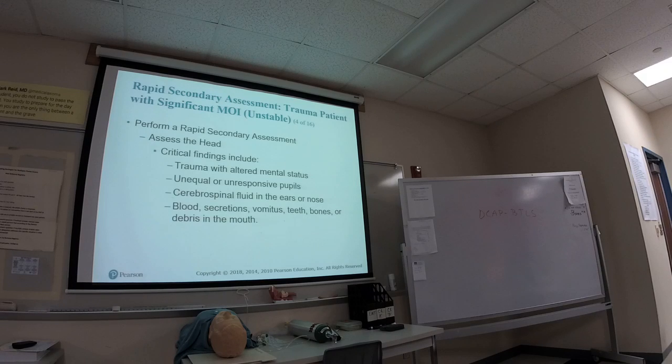So look for critical findings, especially altered mental status, unresponsive or unequal pupils, which is a definite sign of a head injury, cerebrospinal fluid from the ears or nose, which looks sort of like snot. When we get into spinal cord injuries, we will look at that. In old school, you would do what's called a halo test.